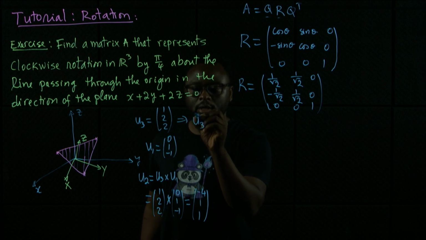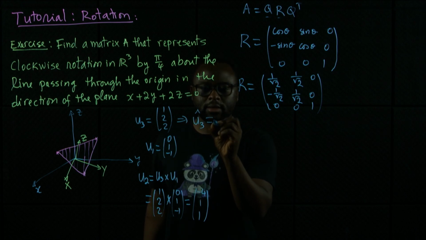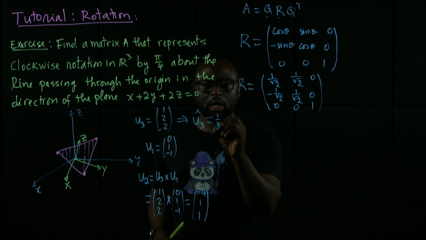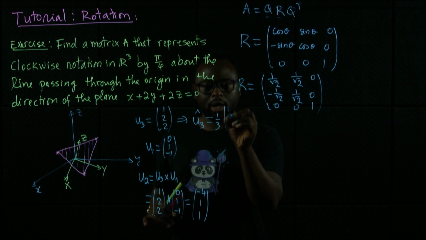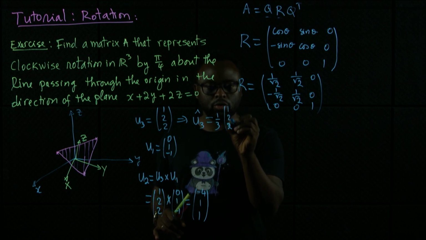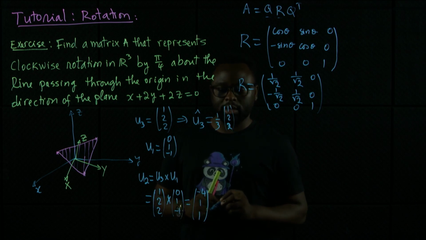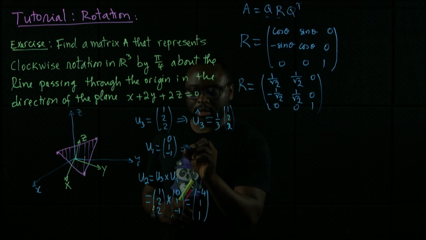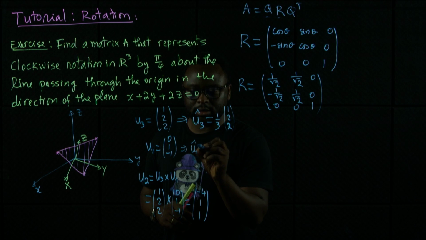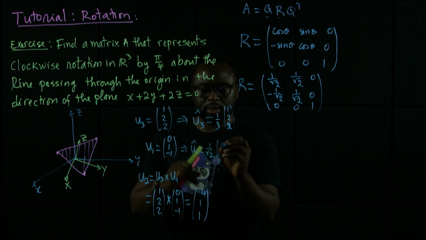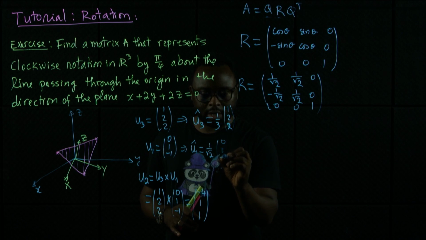If I call it u3 hat, this is 1 over 3 times 1, 2, 2. If we find the norm of this, we find that it's 1. It's the same here: u1 hat is 1 over root 2 times 0, 1, and minus 1.